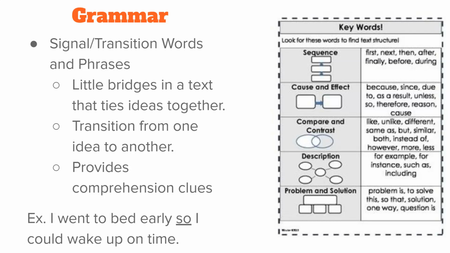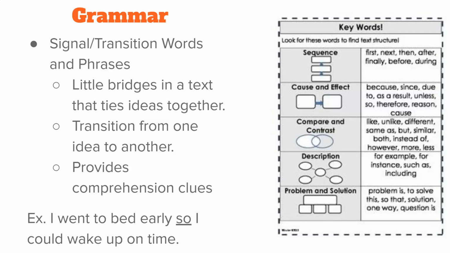The example I have below is: I went to bed early so I could wake up on time. The word so in this sentence is a signal word, and it's letting them know that I did this previous thing, so the thing that follows would happen. I went to bed early in order to wake up on time. It connects those two phrases together.